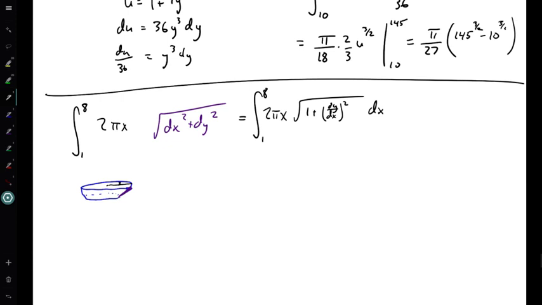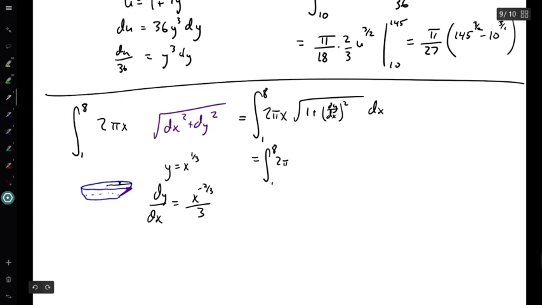So we can now integrate with respect to x. We know, for instance, we're using the formula here that y equals x to the 1/3, and so this tells me that dy by dx is equal to x to the minus 2/3 over 3. So we can substitute into this integral here, integral from 1 to 8 of 2 pi x square root of 1 plus dy dx squared, which is x to the minus 2/3 over 3, squared.